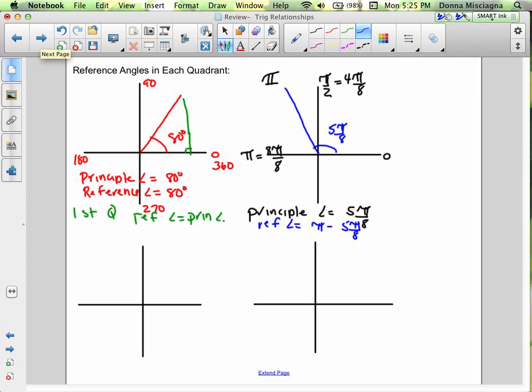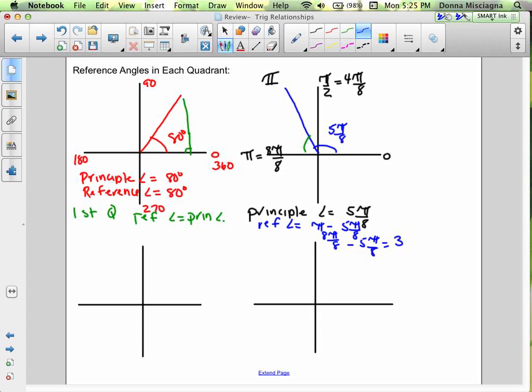Together, the principal angle plus the reference angle equals pi, or 180 degrees. So the reference angle is pi minus 5 pi over 8. Pi is the same as 8 pi over 8.